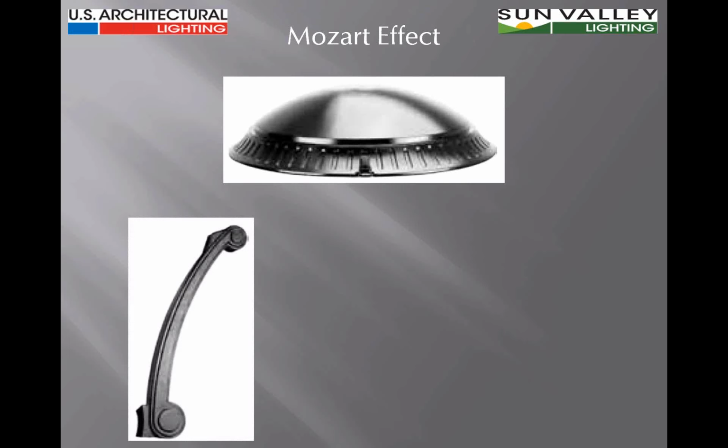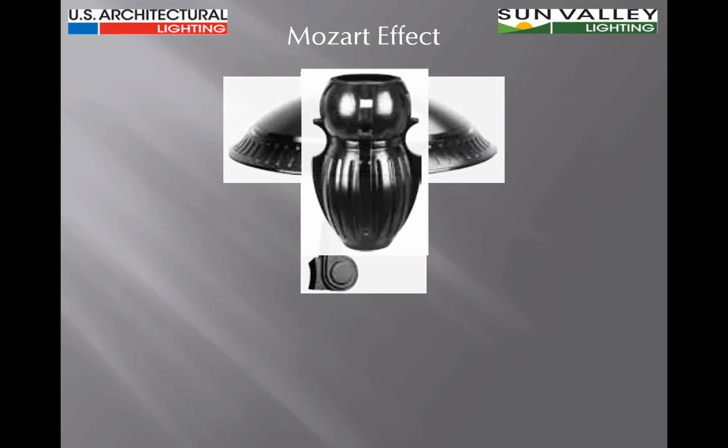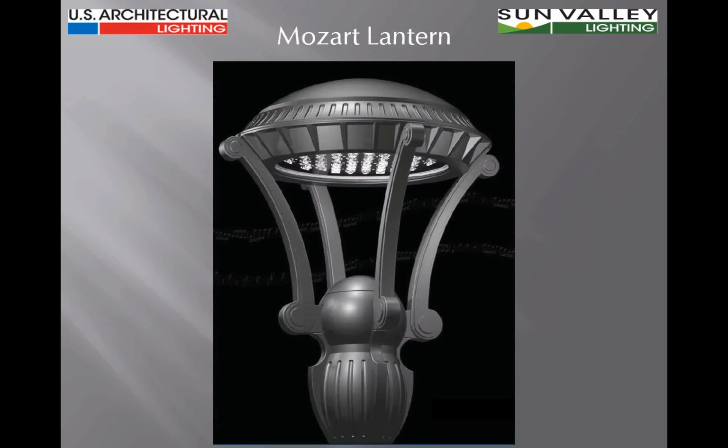They can't just be simple support structures, that if we're going to put electronics or have some type of electrical component in that structure, that it too must be beautiful, that it all has to marry together to produce a whole unit that we call the Mozart Lantern. This is the new product that you have introduced by Sun Valley that is a blend of precision and harmony, the Mozart Lantern.